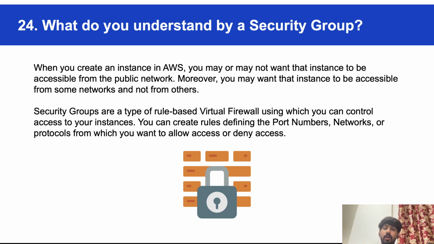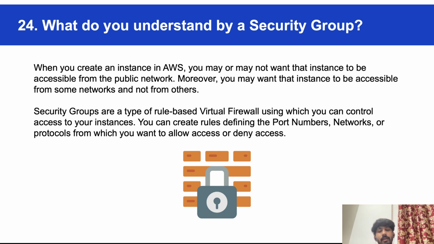Now, coming to the second point, security groups are a type of rule-based virtual firewall using which you can control access to your instances. You can create rules defining the port numbers, networks, or protocols from which you want to allow or deny access. Okay, so it's basically simple. You can provide the port numbers, the IP addresses, the protocols, all the things. And also you can allow them or deny them.